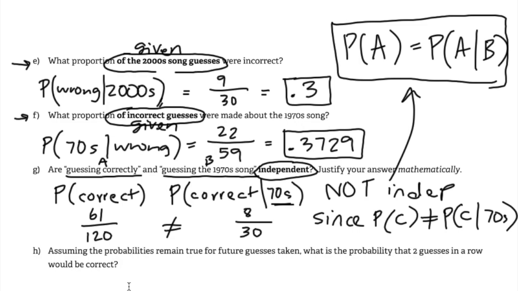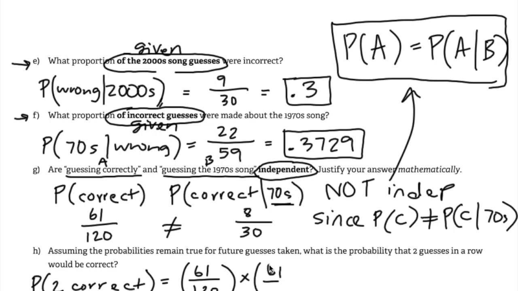Part H is just real quick. If we assume the probabilities remain true for future guesses taken, what's the probability that we get 2 correct in a row? So I just kind of threw this in to connect it to what we did on the first lesson. So if we're assuming the probability stays the same of being correct, then we know for this table, 61 out of 120 were correct. And if we assume that stays true for future guesses, we want a second correct answer.